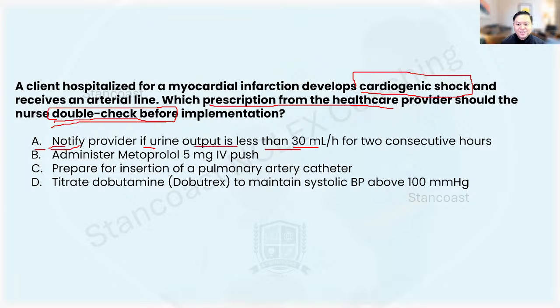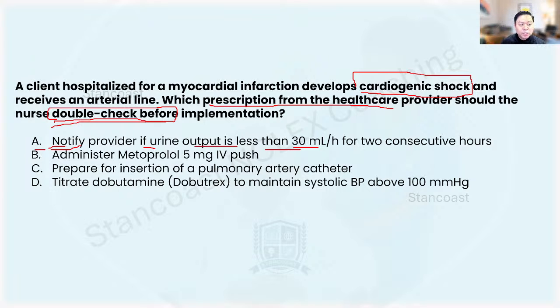It says that you will have to let the doctor know if the patient's urine output is less than 30 mLs for 2 consecutive hours. So it's actually telling you, hey, call me if the urinary output goes below 30 mLs per hour. So that is a good intervention. You don't need to question that one.